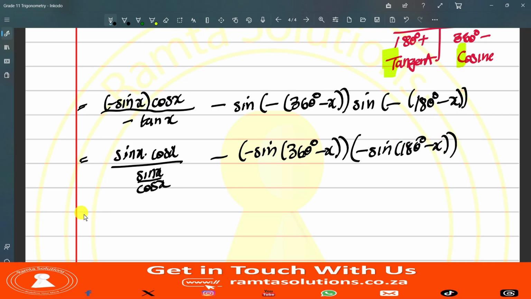For the first part, the sine will cancel the sine, and the cosine will be multiplied, so it will be cos square x.